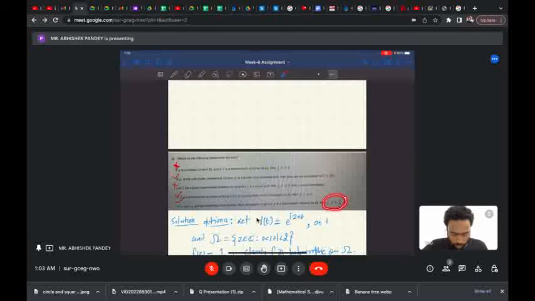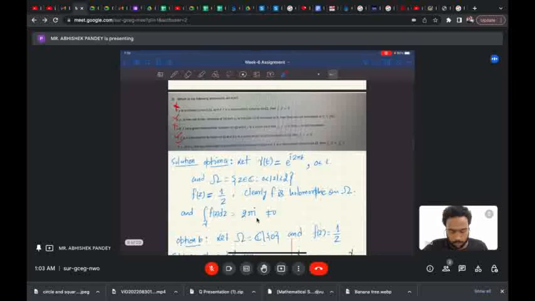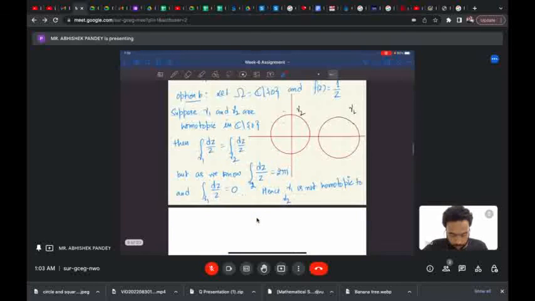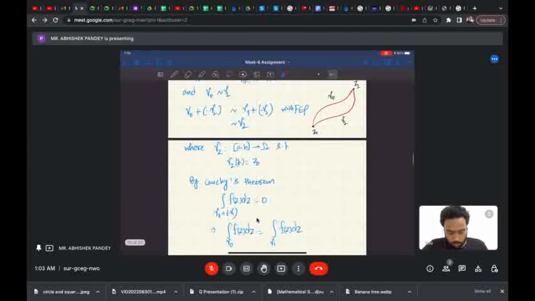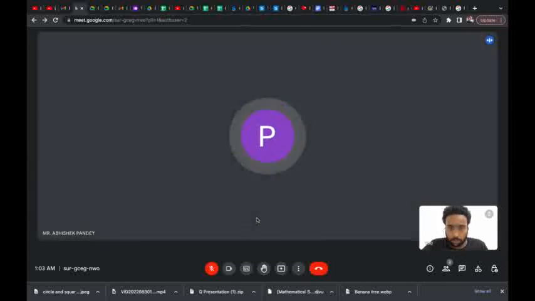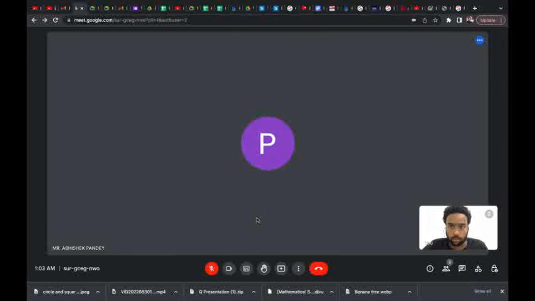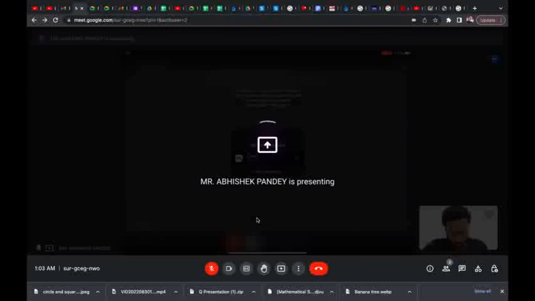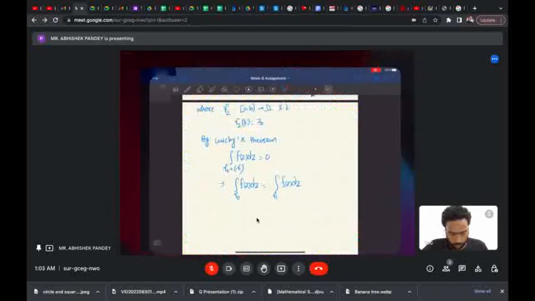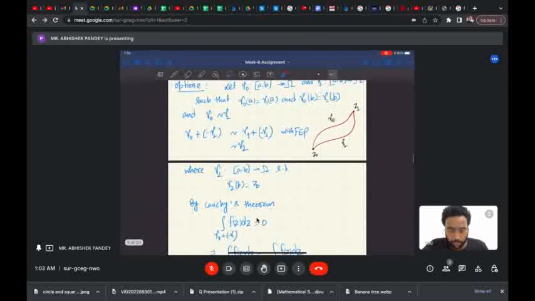So basically, if gamma 1 and gamma 2 are homotopic curves, then gamma 1 plus minus gamma 2 will be homotopic to gamma 0, where gamma 0 is basically a constant curve at z naught.